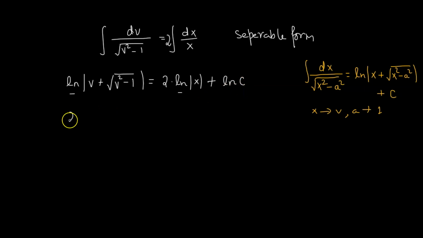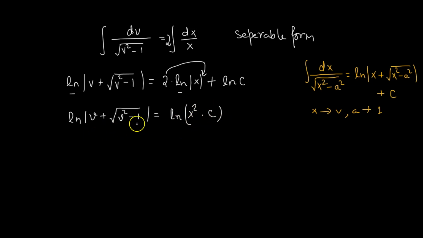Now we have log of v plus square root of v squared minus 1 equals, using the property of logarithm, we will raise 2 as the power of x. So we have log of x squared plus log of c, which can be combined to get x squared times c.